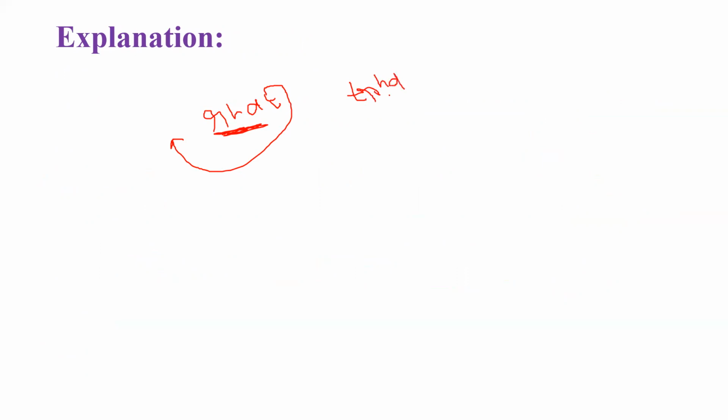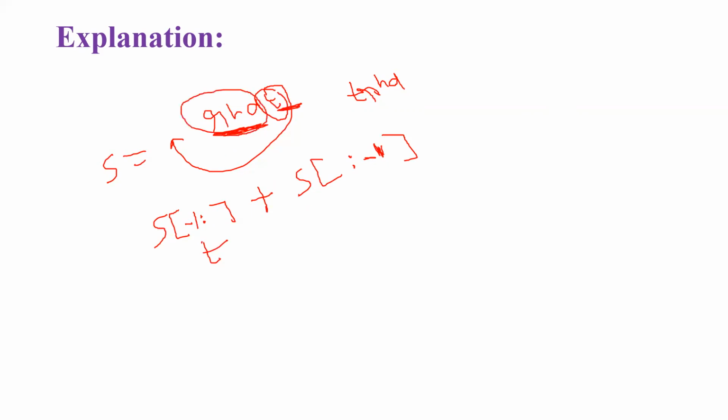In order to do that, I will use the slicing concept. Let this string be S. In that case, if I write S of -1 colon, which means whatever the values present from this index to the end, you need to write first and you need to concatenate with all the values starting and ending at the index before it, which is nothing but you will write a T here first and the remaining all characters RHD.